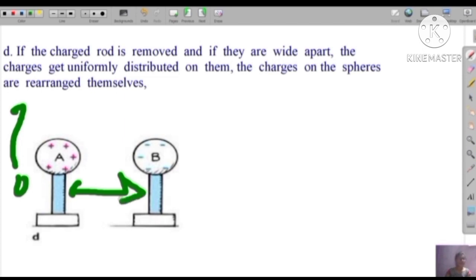As we have increased the distance, the metallic sphere A was having the positive charge and metallic sphere B was having the negative charge, and those positive and negative charges will be completely distributed over the surface. So here, metallic sphere A is completely distributed with positive charge and metallic sphere B is completely distributed with negative charges.